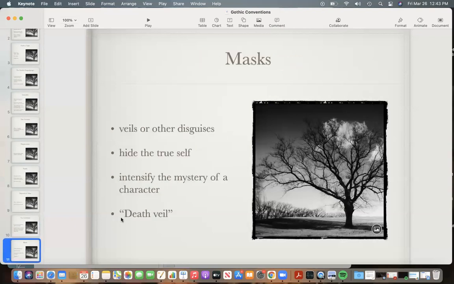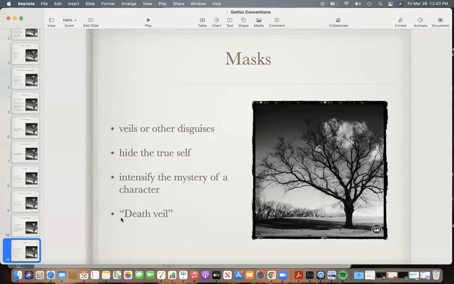And lastly, the idea of masks, which can either be actual physical masks or like a mask that you wear on your personality. You've totally deceived people into thinking you're something that you're not. This actually makes me think of the movie The Orphan.